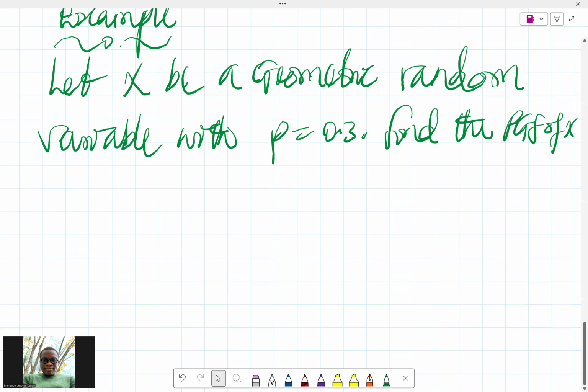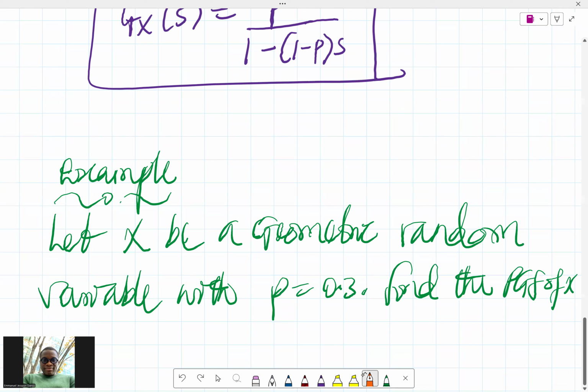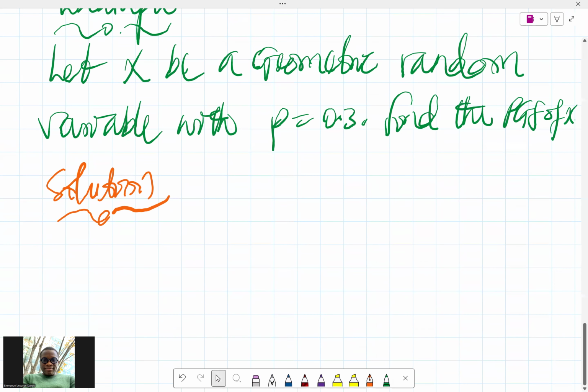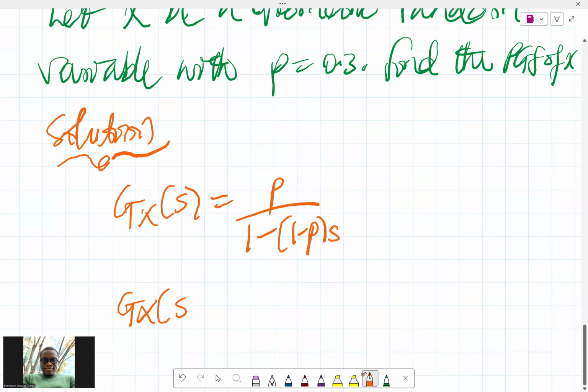Okay, so the solution is simple. We just have our gx of s is actually p over 1 minus 1 minus p multiplied by s. So that means that gx of s is equal to p, and p is already 0.3. That's what we have been given.